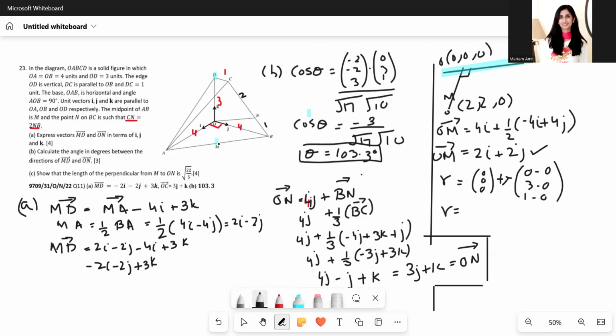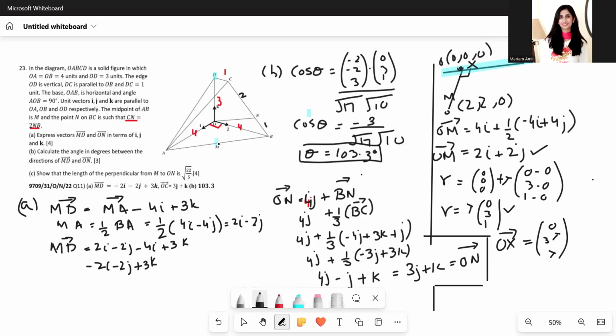So the vector equation passing through ON is simply lambda 0, 3, 1. Okay, so if this is the foot of the perpendicular X, then its position vector is going to have the same equation because X lies on the line ON, which would be 0, 3 lambda, and just lambda. That would be OX.